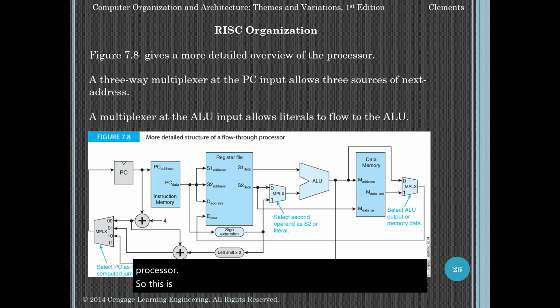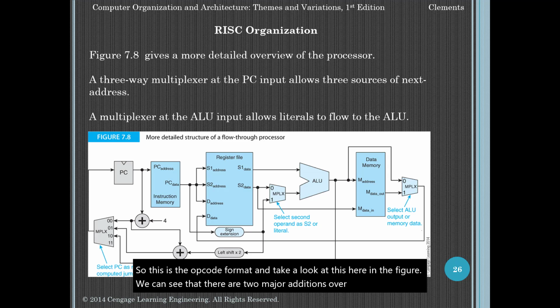So this is the opcode format. And take a look at this here in the figure. We can see that there are 2 major additions over our previous diagram. So the first is the ability to deal with a literal in the opcode.